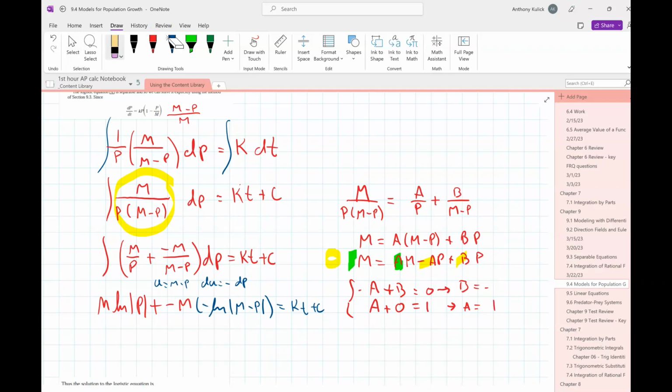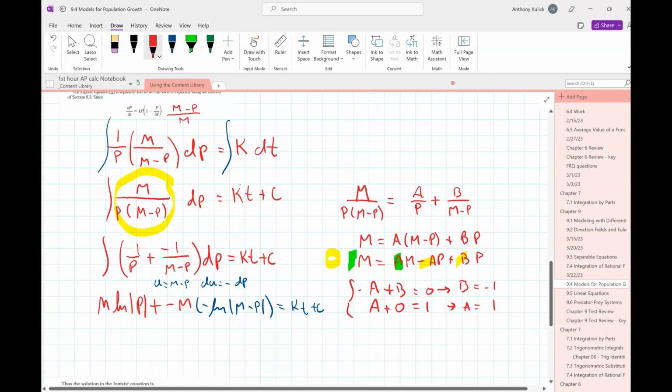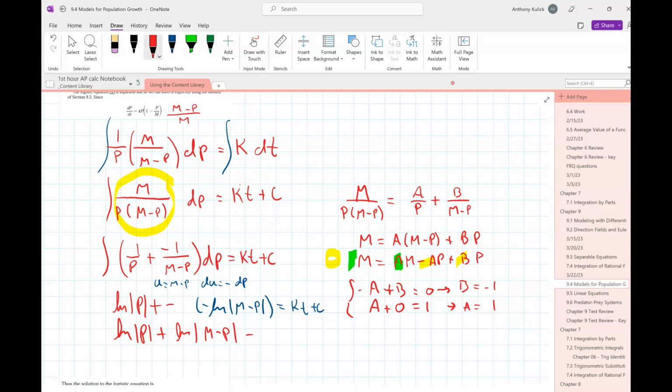So this is going to be then -1. So this would be 1, -1. So I have the natural log of p plus the natural log of m minus p equals kt plus c.